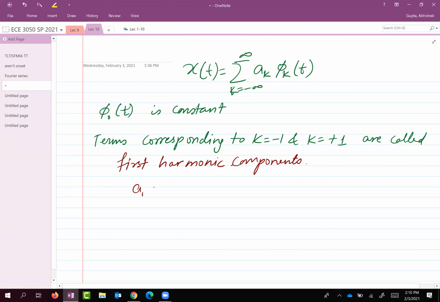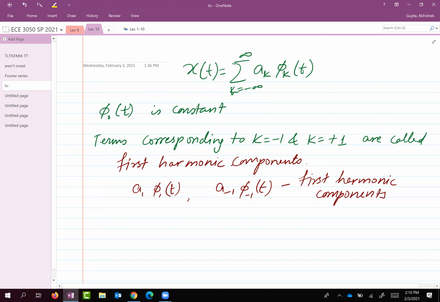So a1 phi1 of t and a minus 1 phi minus 1 of t, these are first harmonic components. These are also called fundamental components.